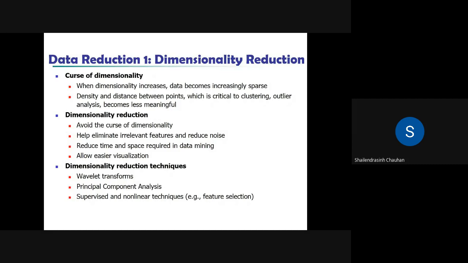After applying these data reduction techniques, the time required to apply data mining techniques and get the results, and the space, that is the size of results, will also be reduced. It also allows easier visualization of our results and our analysis of the data. Right, so this is dimensionality reduction. And the techniques are wavelet transform, PCA, supervised, and nonlinear techniques. These are the techniques for data reduction.